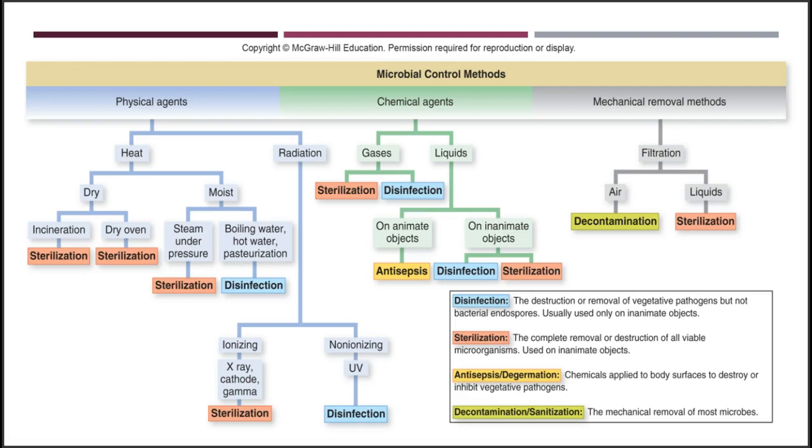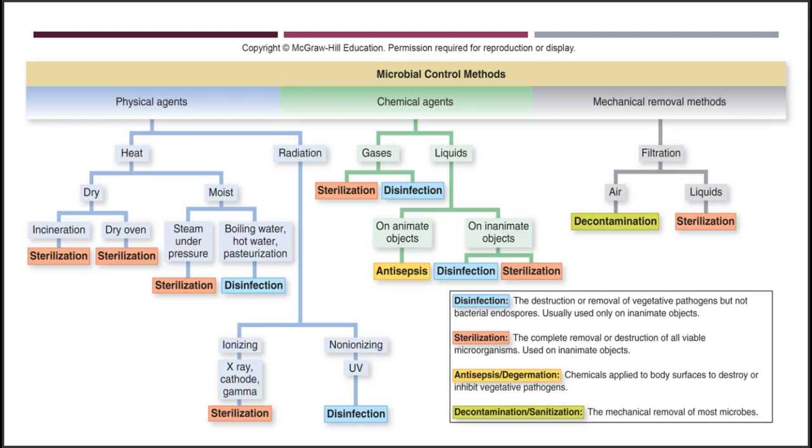So this table is from your book, and it shows you the 3 types of microbial control methods. So there are 3 processes that we can use to control microbes. The first is physical agents. So these don't involve the use of chemicals. It's actually a physical process.